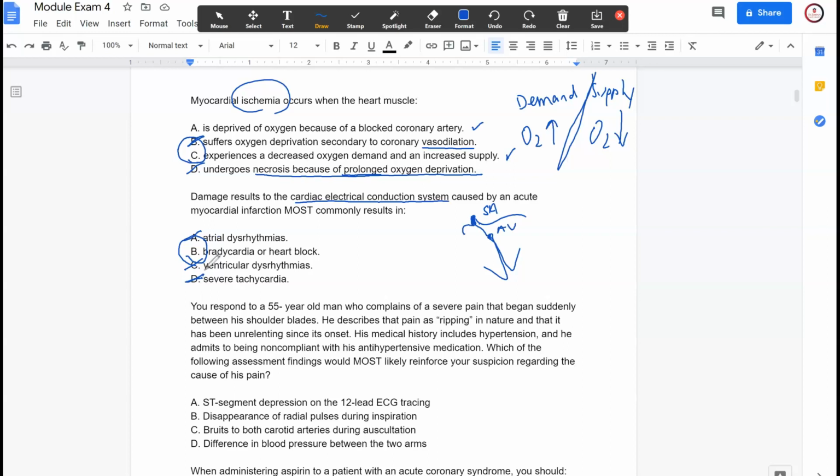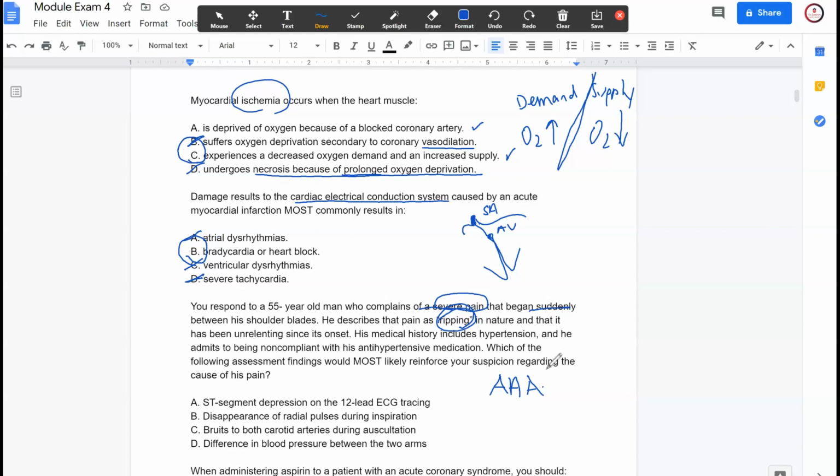Your major clue here is sudden onset of severe pain, ripping in nature. That should give you the idea that he's in the middle of an AAA. So what most commonly fits that?